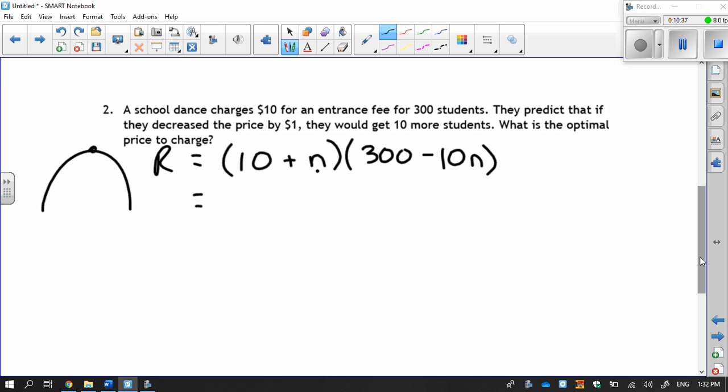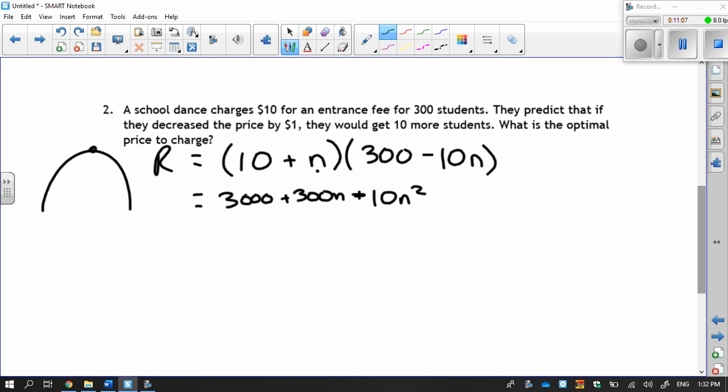So multiply this out, we get 3,000 plus 300 and plus 10, sorry, minus... where's my n squared? No, we're good. Plus 10n squared.